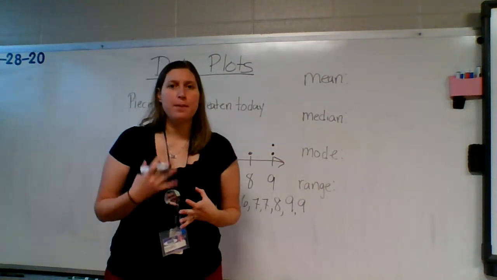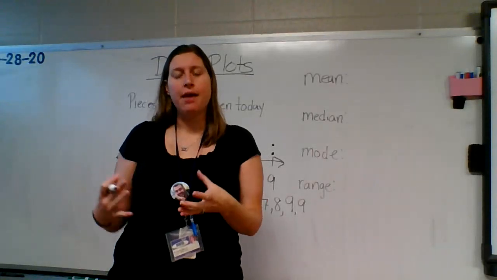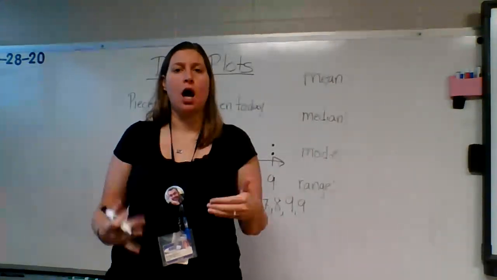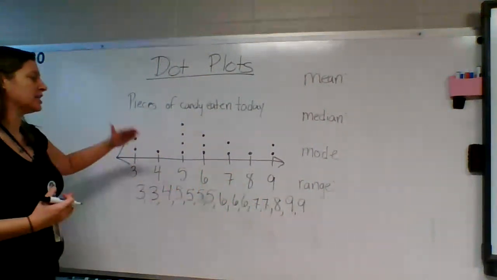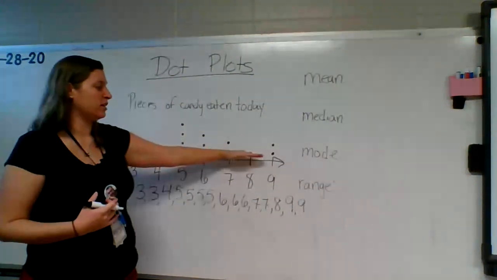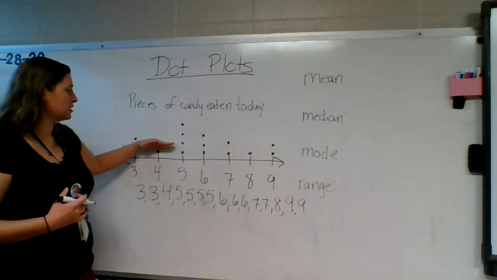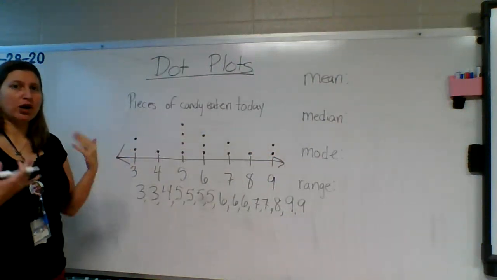When we're talking about a mode, remember, mode means most. It's the number that happens the most often. When we have our dot plot set up and every dot is kind of in line with the other one, so all my first dots are kind of in the same line, all my second dots are relatively in the same line, then I can judge their heights.